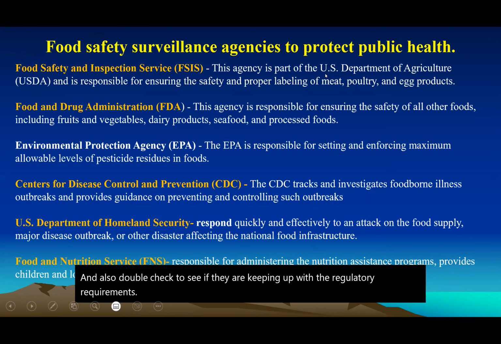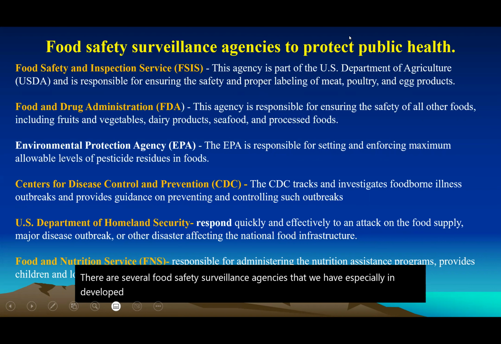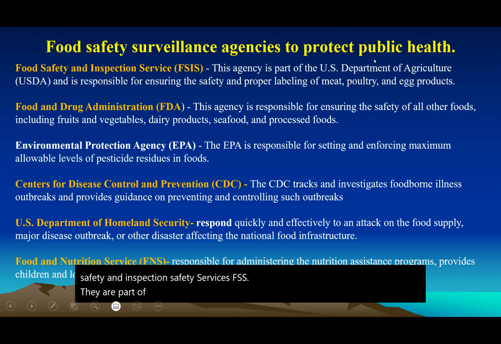There are several food safety surveillance agencies that we have, especially in developed countries like the USA, that play a huge role in protecting our health. It's the Food Safety and Inspection Service, FSIS. They are part of USDA, the United States Department of Agriculture.